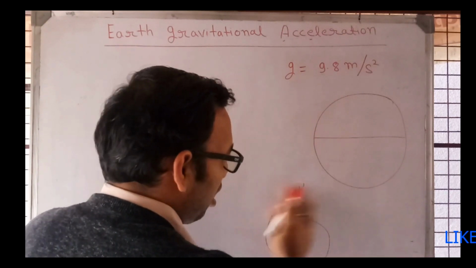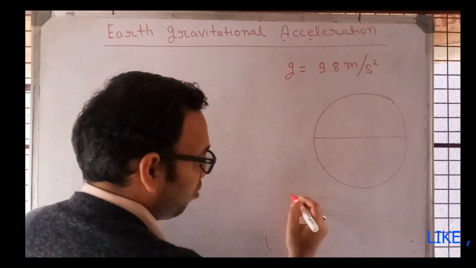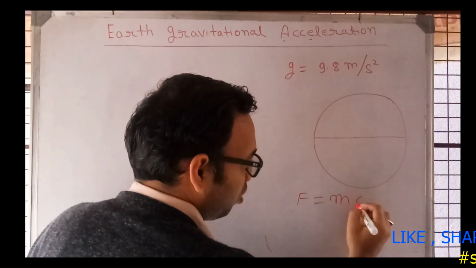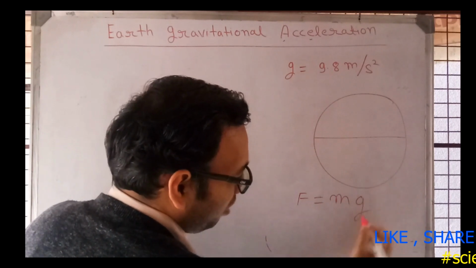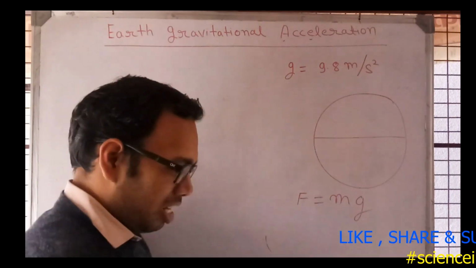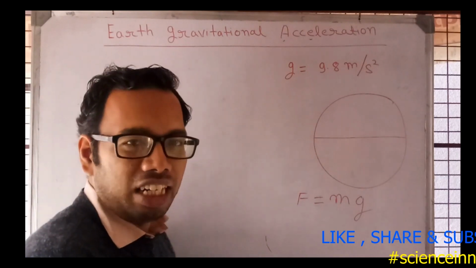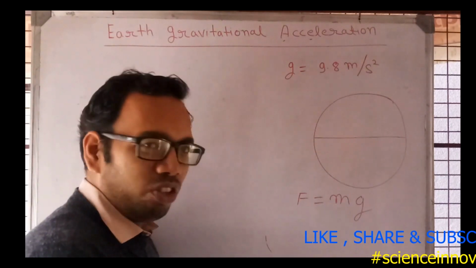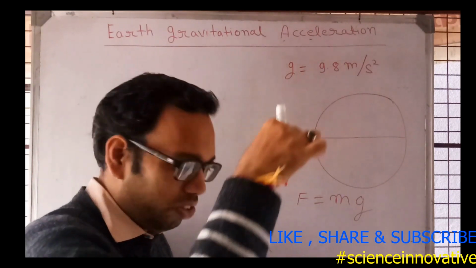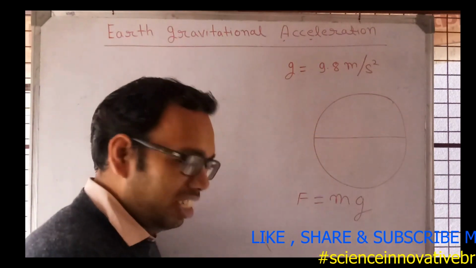If you see the force of attraction, the force is equal to m into g. If I leave this marker, it is going to fall down to the Earth. So what force is there, and at what acceleration is it going down?